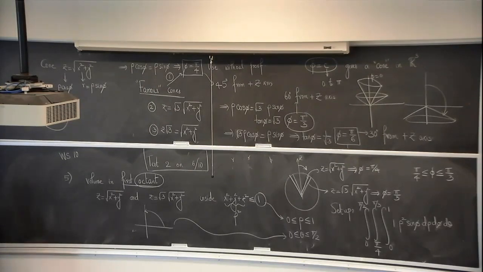Do I have the wrong answer there? I have to check that. Pi over 3 is 60 degrees, tangent of 60 degrees is square root of 3, yes.